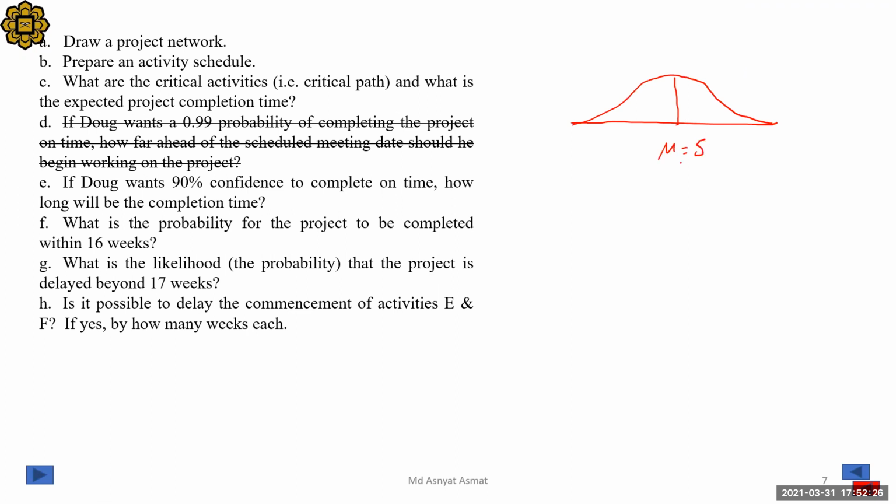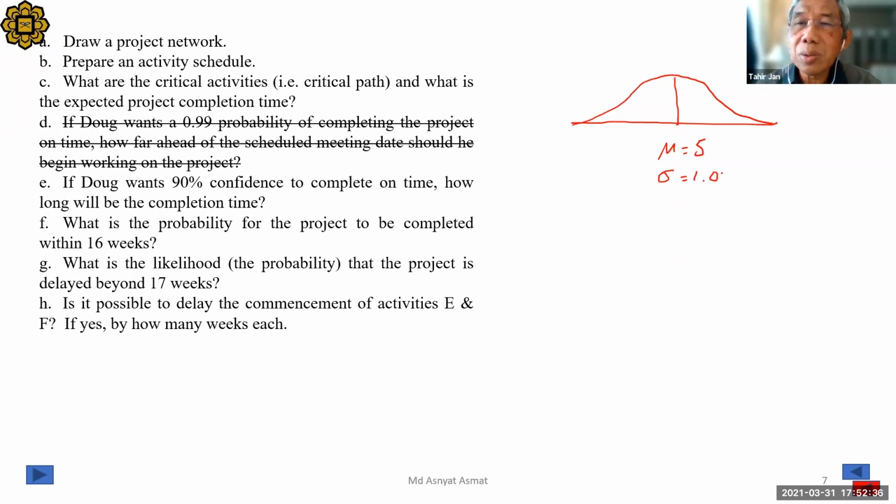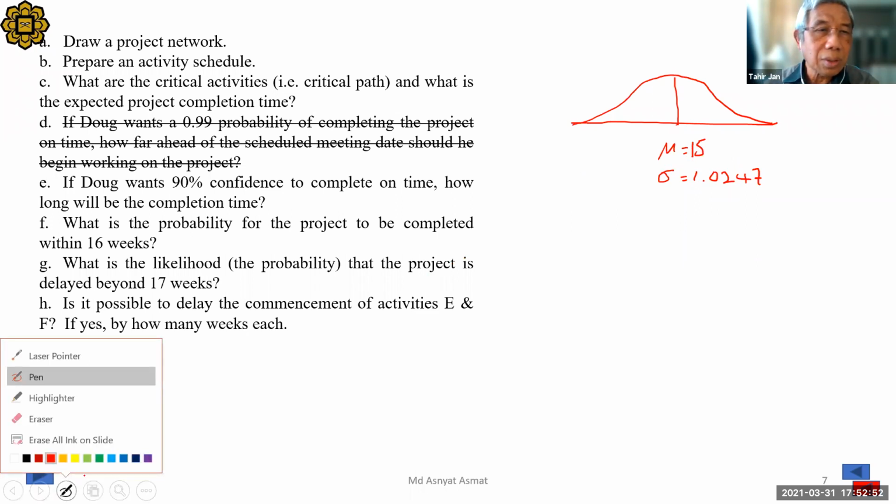Then standard deviation, I think the most important we want is the standard deviation, 1.0247. Now the mean is 15. Oh, my one missing. 15. Thank you. So the next thing is we want to answer these questions.